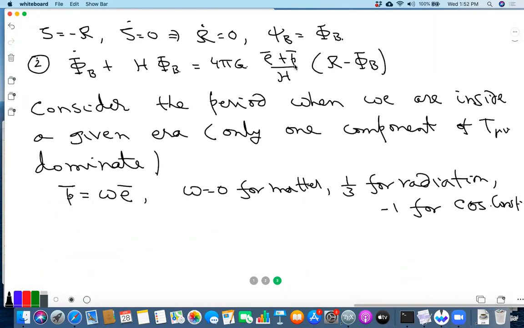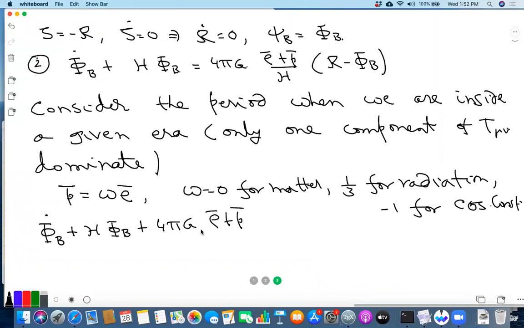So if you substitute it here, and now let's bring the phi b on the other side, we get an equation: phi b dot plus h phi b plus 4 pi g times rho bar plus p bar.